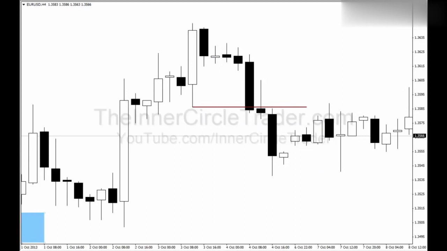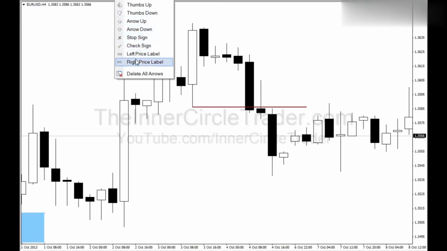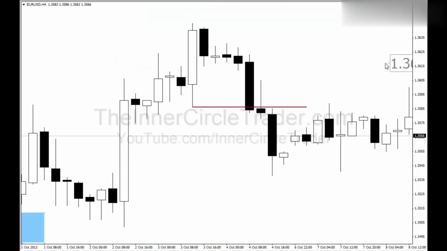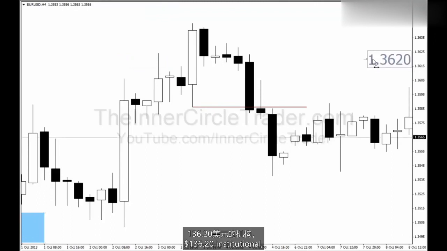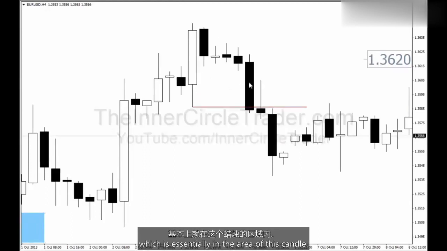And let's use our price points. 136.20 institutional, which is essentially in the area of this candle.